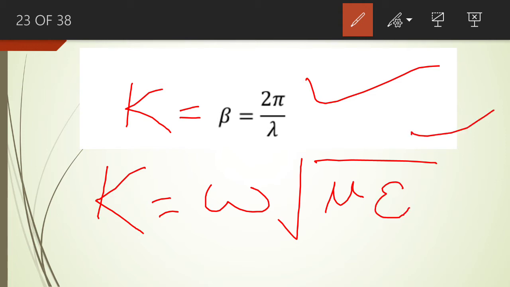This is another equation for the calculation of k. So we can use any one of these two equations to find out the phase constant or the propagation constant of the transverse electromagnetic wave, the electromagnetic wave in any medium.